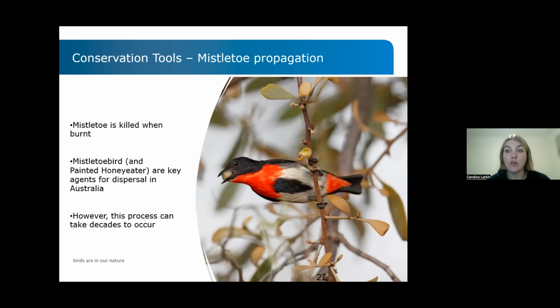And we did this by adopting a program that had been tested in Melbourne, where they were planting native mistletoe in non-native trees to try and improve the habitat for birds in urban areas.